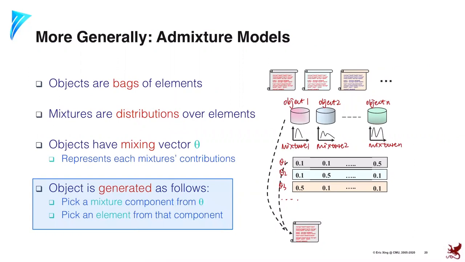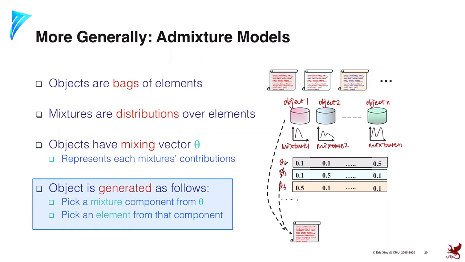And then after seeing LSI and the topic model, let's move to a more general model, which is the admixture model. In this admixture model, we have some objects which are bags of elements, and mixtures are distributions over the elements, and then we have a mixing vector theta, which represents each mixture's contributions for these objects.